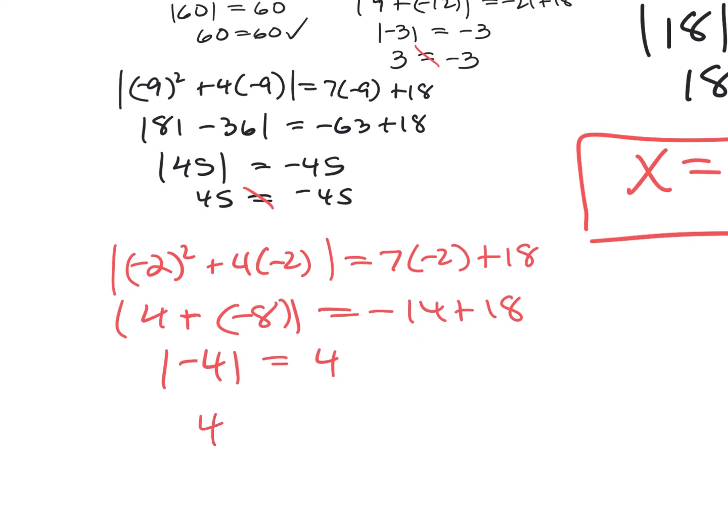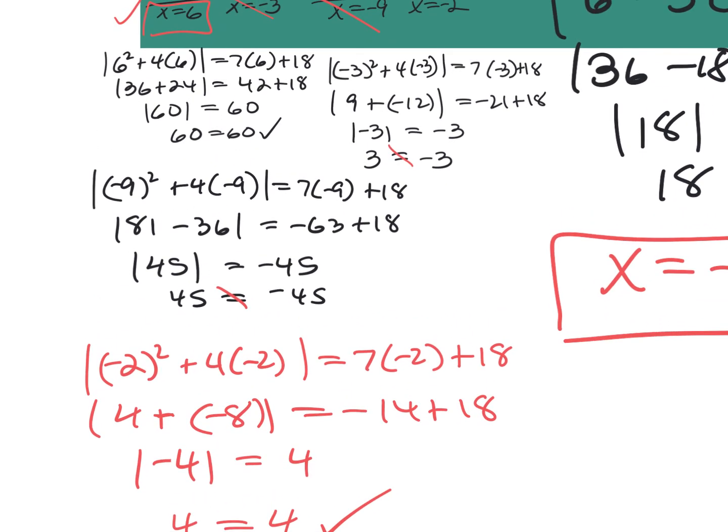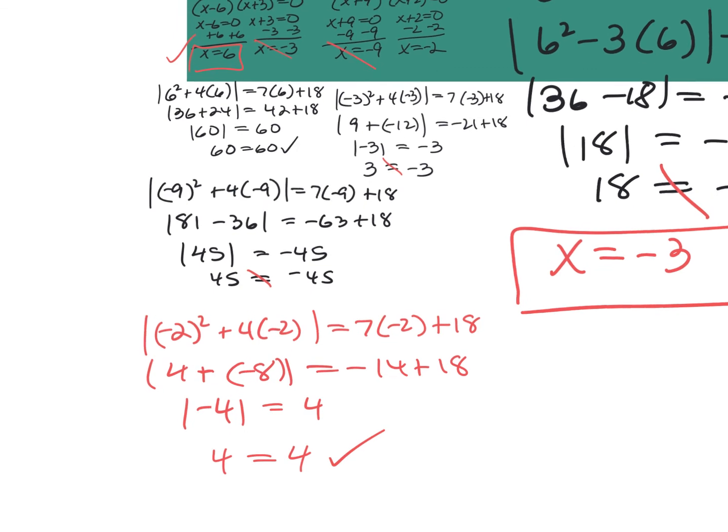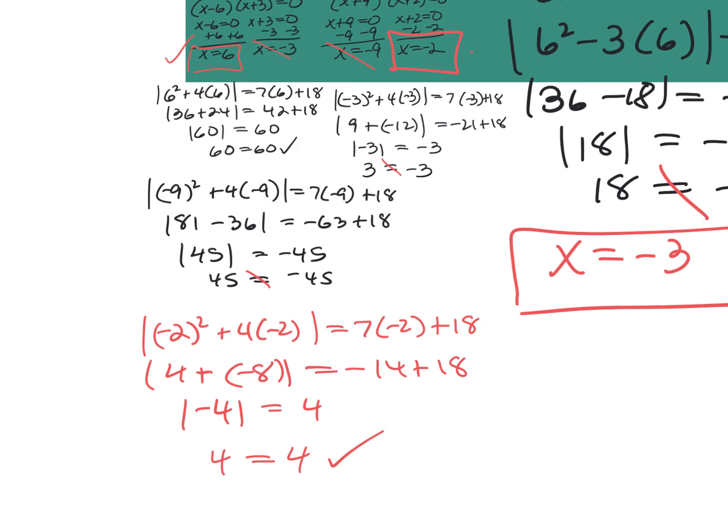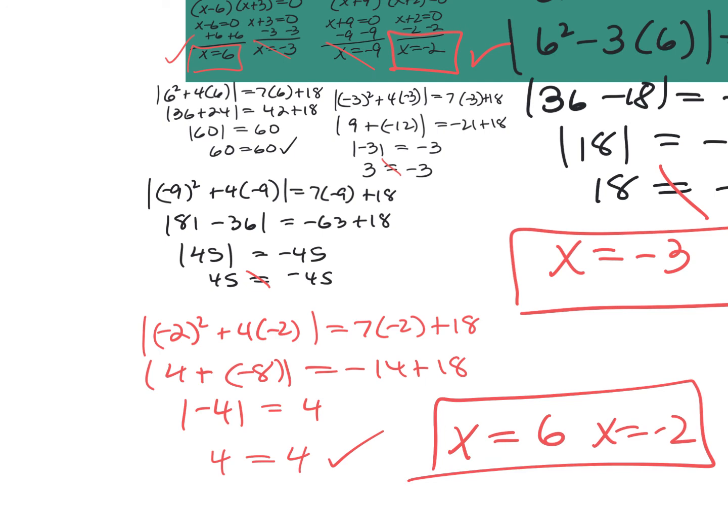Absolute value of negative 4 is positive 4. This one works. So x equals negative 2 is a good answer. So the two answers that work here are 6 and negative 2. And that is it for section 1.6c.